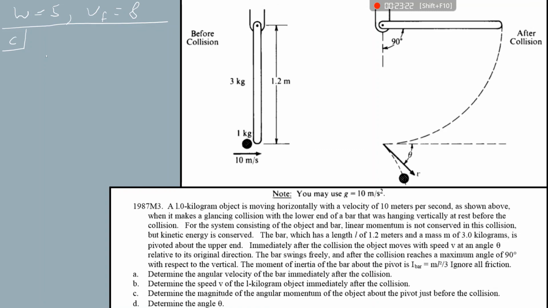And I think that's it. Actually, I think we know everything, right? So it's 3 times 1.2 times 10. Wait, sorry, not 3. Oh yeah, 1 times 1.2 times 10. So that's just 12.